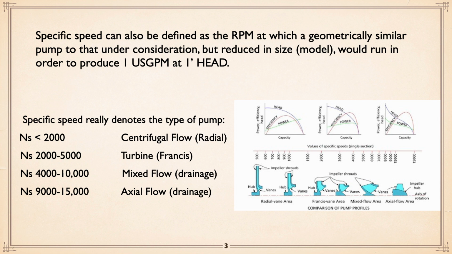Specific speeds between 4,000 and 10,000 indicate mixed flow like drainage pumps, where there is some angle to it coming off, but not a whole lot. And finally, between 9,000 and 15,000, we talk drainage pumps, axial flow. Literally, the impeller is like a propeller in the fluid. There is not much of any radial action at all.